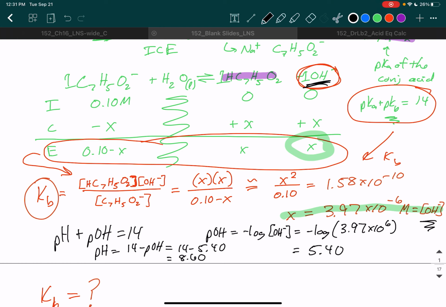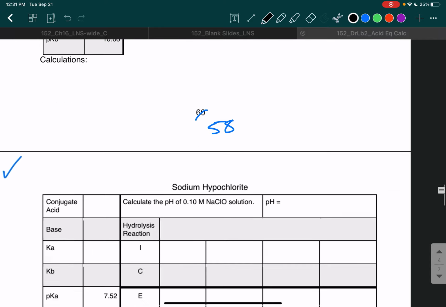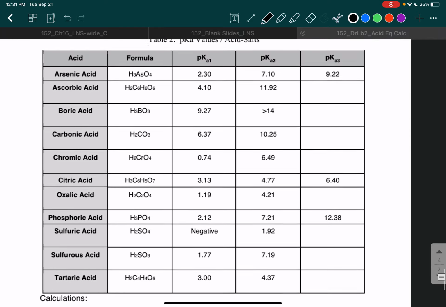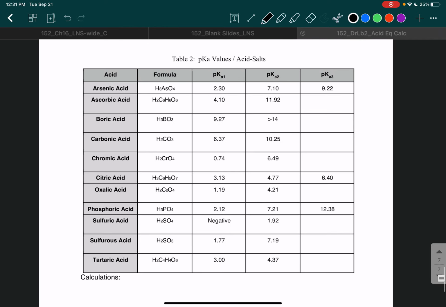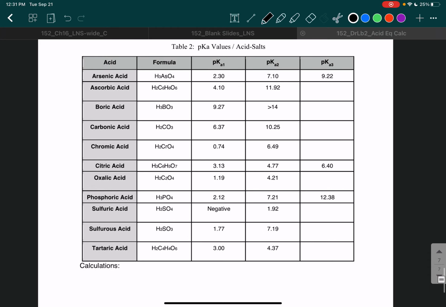Now, there are tables in the book that show some Kb values, but if you look on the equation sheet, and, oh well, I do have this on my PDF here. If you look on the Drylab, that's the reality outside of Gen Chem 2.